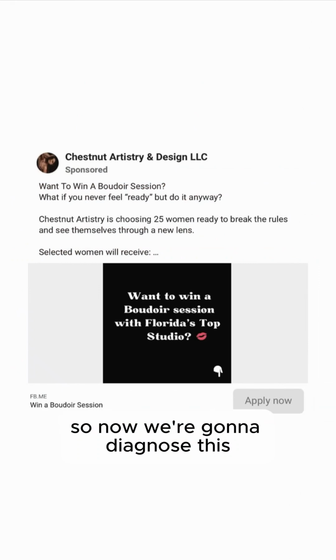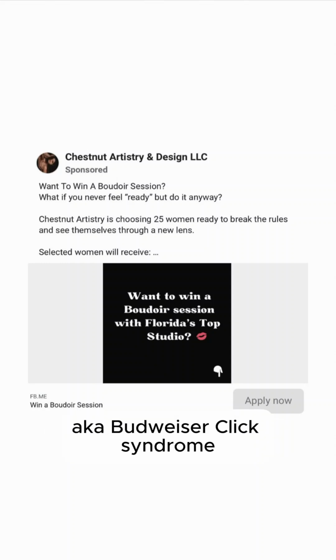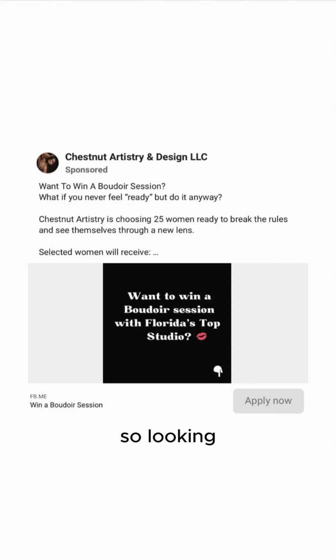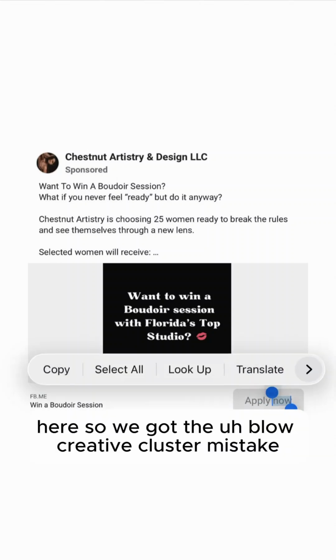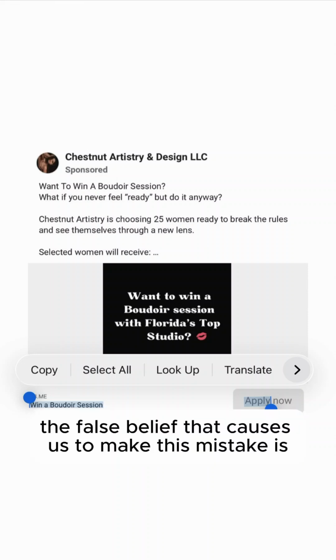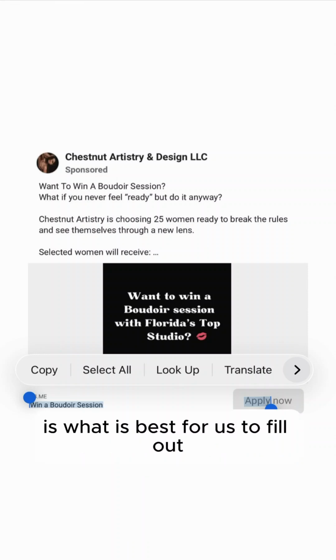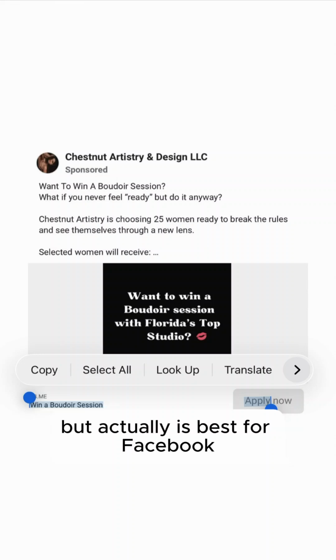Now we're going to diagnose this if we believe it has BLCS, aka Boudoir low click syndrome. So looking here, we've got the below creative cluster mistake. The false belief that caused us to make this mistake is we're trusting that what Facebook says we should fill out for our ad is what is best for us, but actually it is best for Facebook.